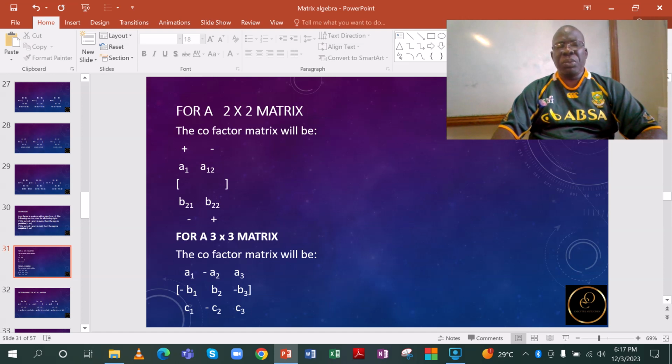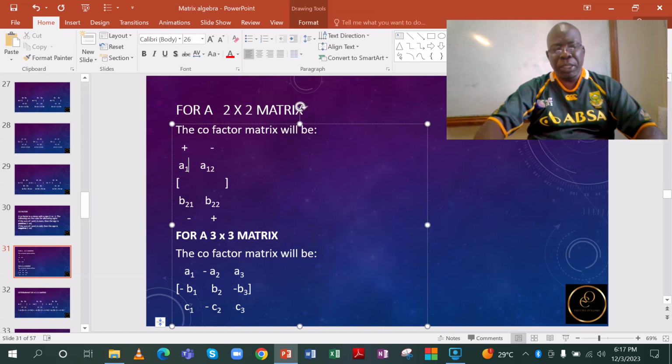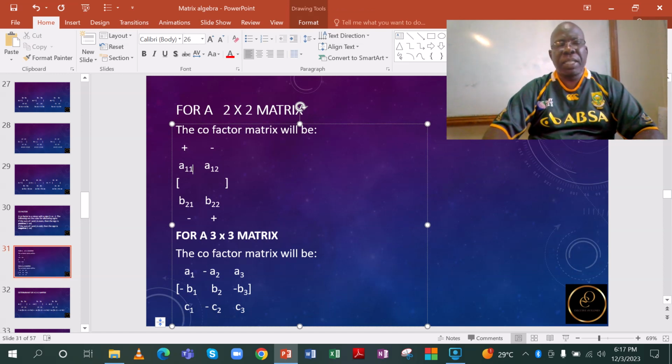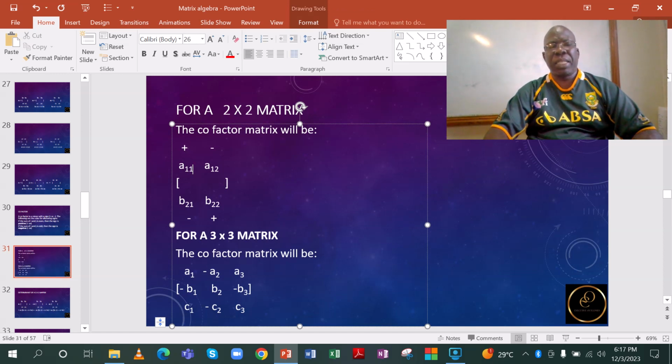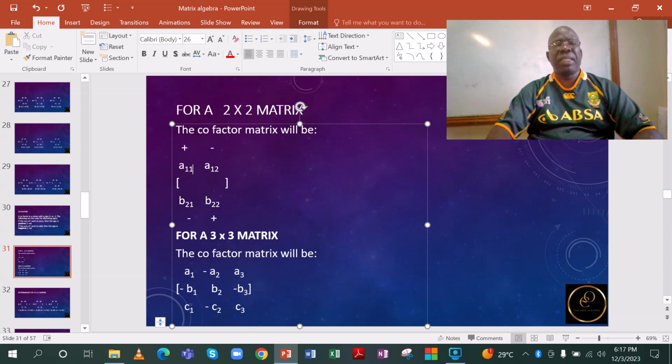That's A11, meaning this A is in row 1 and column 1. The next A is in row 1, column 2. So when you add 1 plus 2, you have 3, which is odd. Therefore, the sign allocated here is negative.